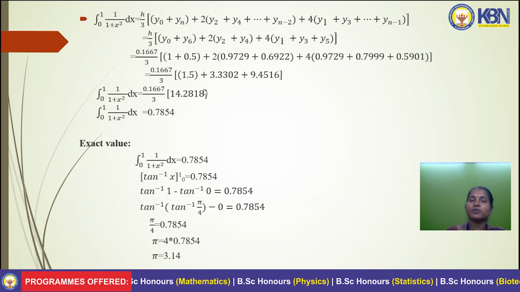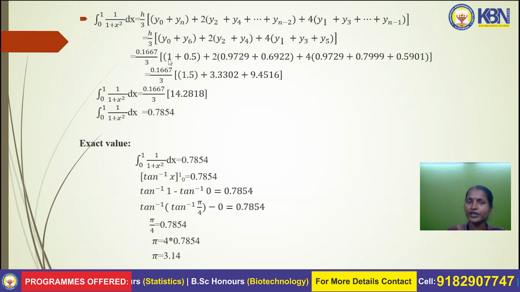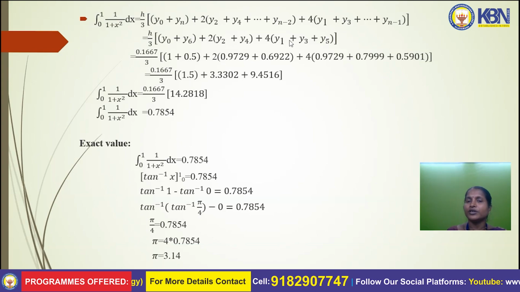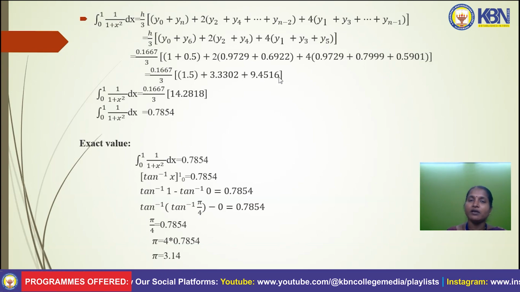So simplifying, we are getting the answer. First we add these two numbers, 1 plus 0.5 is 1.5, 2 into sum value becomes 3.3302 and 4 into sum value 9.4516. Totally simplifying, we are getting the value 0.7854. That is the integral 0 to 1 of 1 by 1 plus x squared dx.